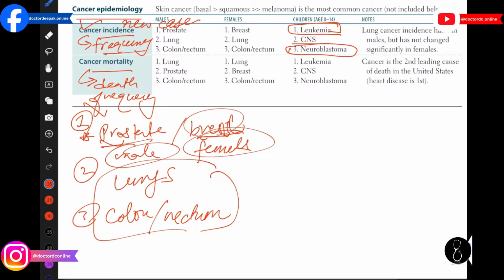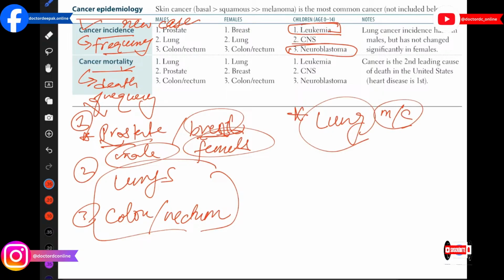And now, if we talk about mortality, which cancer causes the most deaths? Most commonly, lung cancer causes death without discriminating by gender. Males and females both die most commonly due to lung cancer.